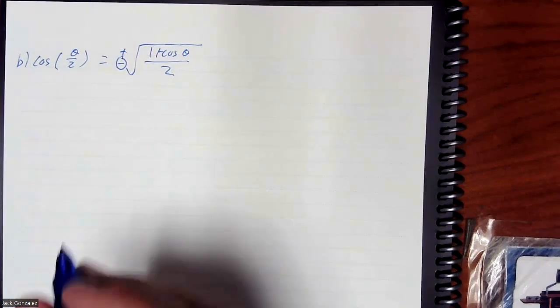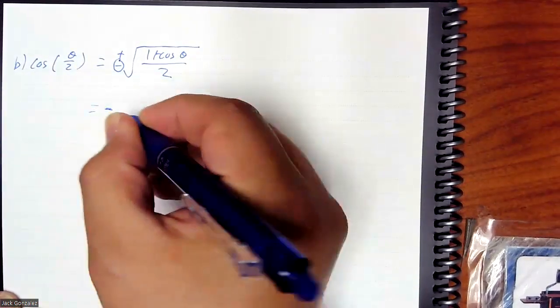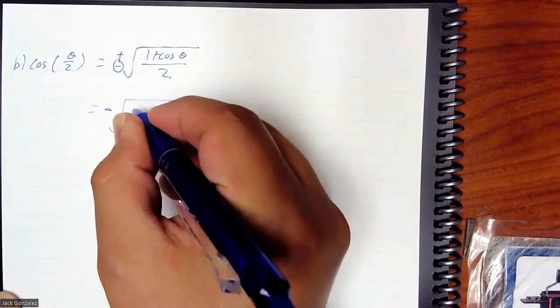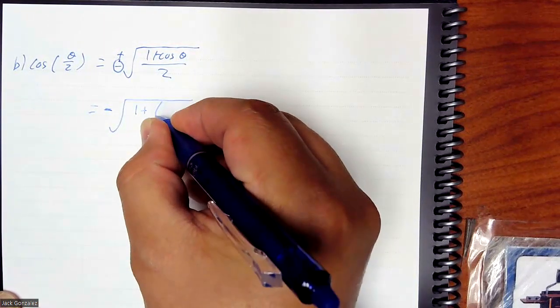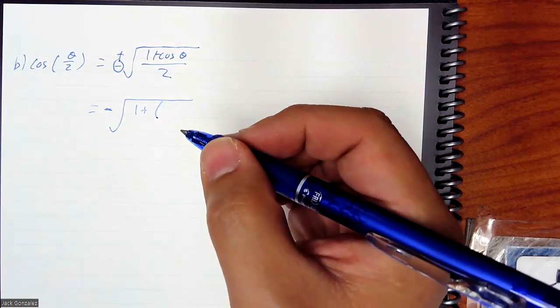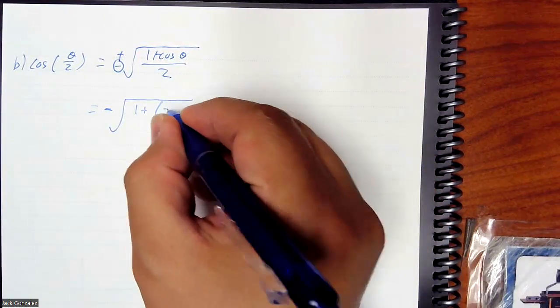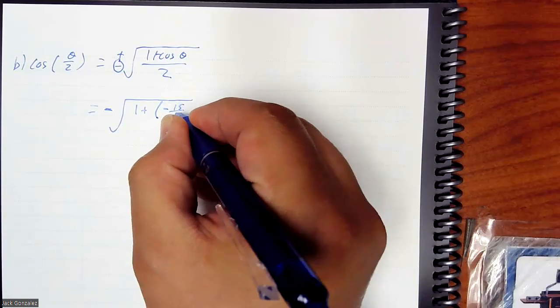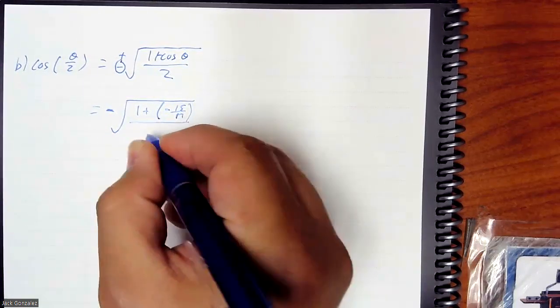Okay, so now negative square root of 1 plus cosine. What was cosine? Over 2.